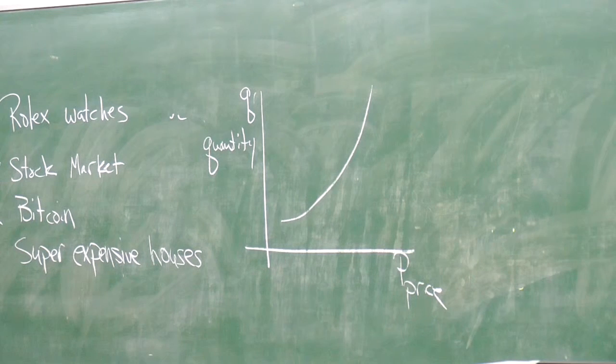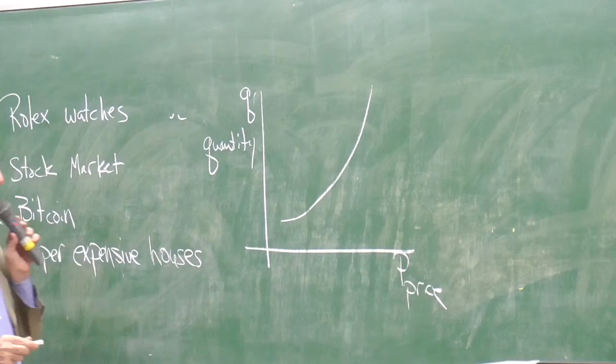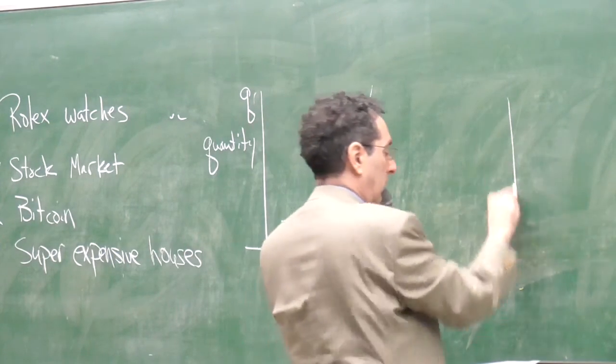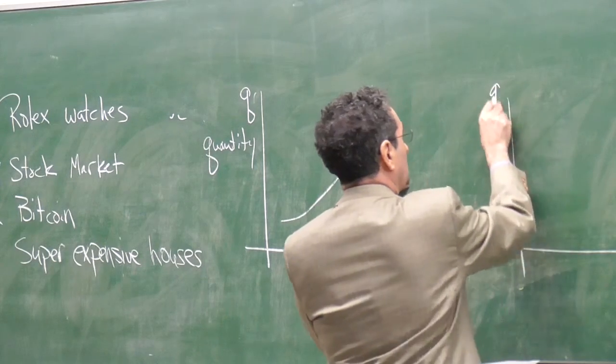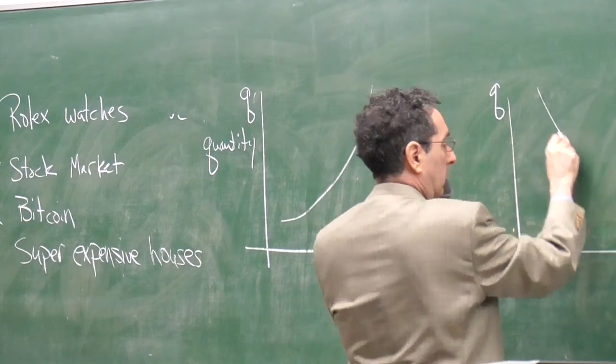Buyers are called consumers, and sellers are called suppliers here. Okay, so I'm going to draw two graphs here, P and Q. And this one's going to look like that.